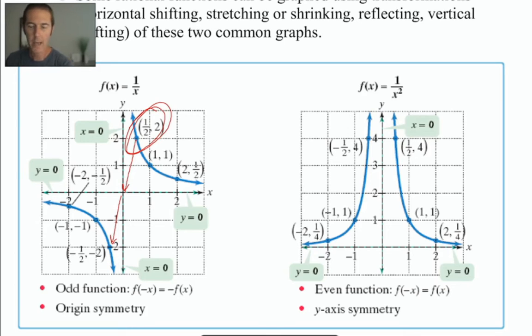So that's y-axis symmetry, or symmetry about the y-axis. And functions that are even exhibit that kind of symmetry. And you can test to see if a function is an even function by determining if f of negative x is equal to f of x.